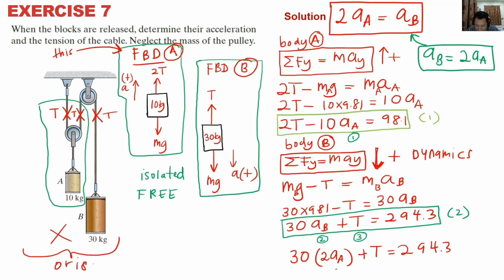Ini sudah jadi T campur 60 AA equals 294.3. So if you solve this equation, then you solve everything lah.